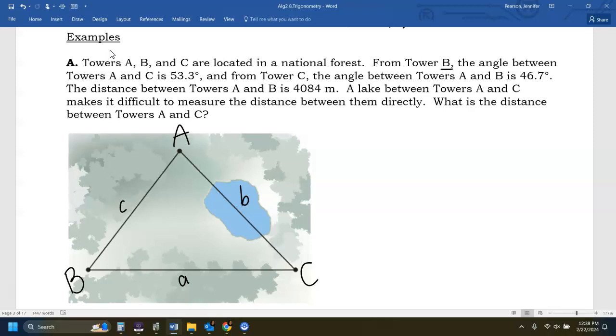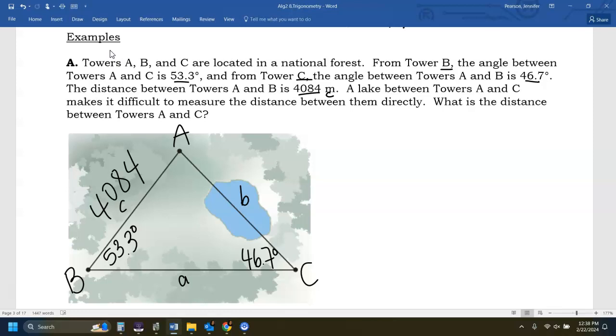So the angle B would be 53.3 degrees. The angle C would be 46.7 degrees. And the distance between A and B is our c, would be 4084.